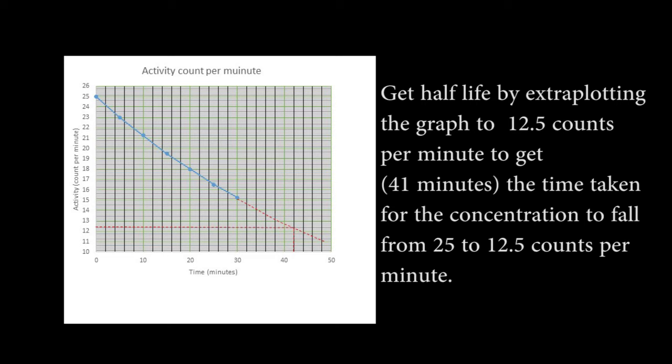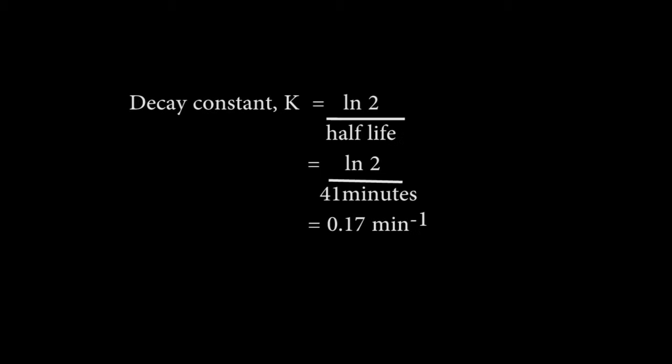This gives 41 minutes, the time taken for the concentration to fall from 25 to 12.5 counts per minute, since 12.5 counts per minute is a half of 25 counts per minute. Decay constant k is equal to natural log 2 over half-life, which is natural log 2 over 41 minutes, which is equal to 0.17 per minute.